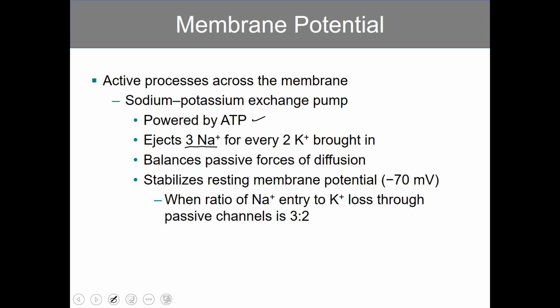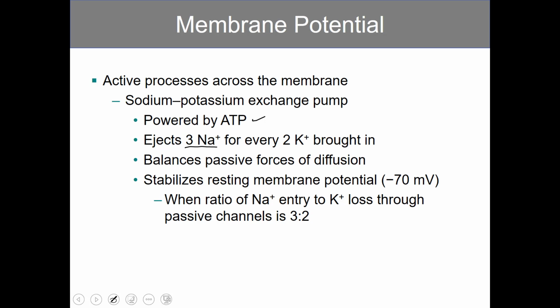So it's going to kick 3 sodium out of the cell for every 2 potassium that it brings into the cell. And this is going to help balance the passive forces of diffusion. And it's also going to stabilize that resting membrane potential of -70.